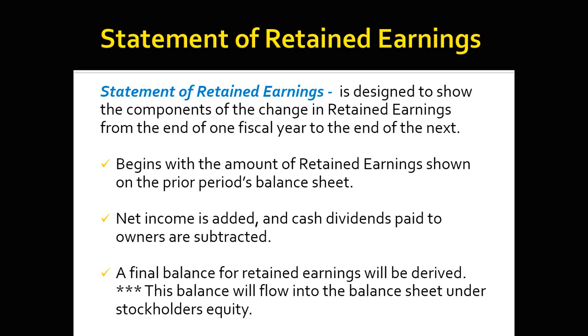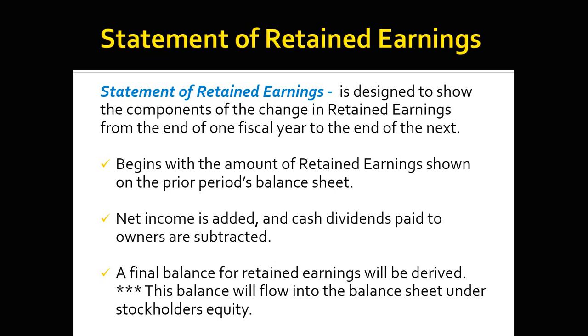Okay, so you're always going to start with a beginning retained earnings balance. It will be the prior retained earnings balance of the balance sheet. So the prior year's ending balance sheet will be your beginning retained earnings for the new year. You will add in your net income. This is why you have to do the income statement first. It's going to flow right down to the statement of retained earnings.